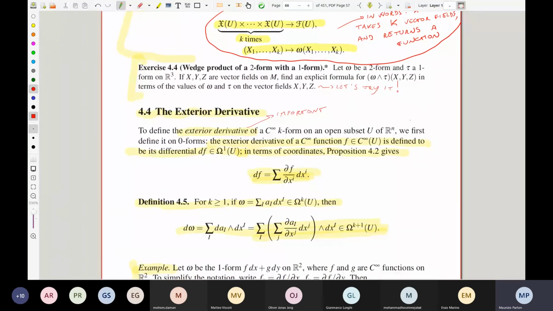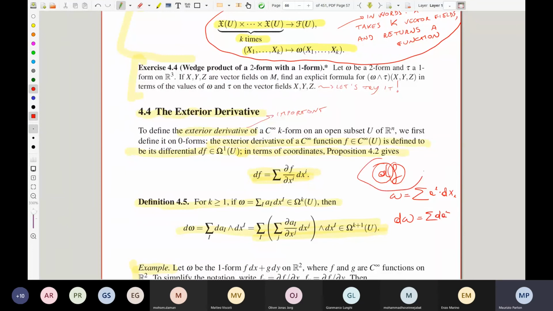Okay, the exterior derivative. I guess this is the last point. I told you how to do the differential of a function, right? And I told you also that a one-form is a sum of functions times the differentials dx_i. Well, I define a new meaning of the differential: not only the differential of one function, but also the differential of a one-form, which is by definition just the differential of these functions.